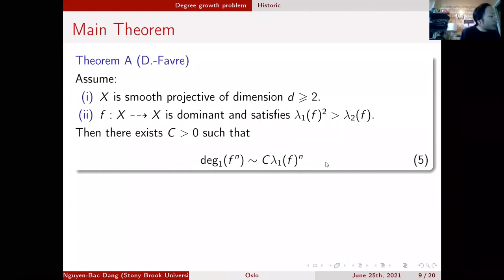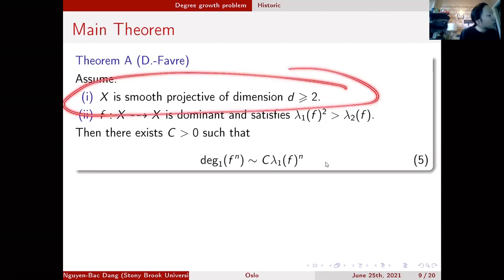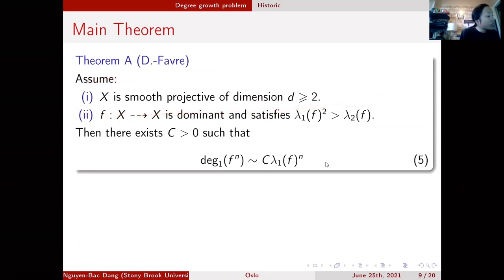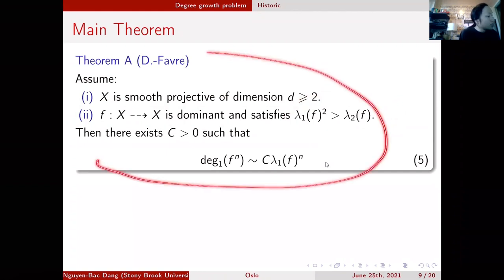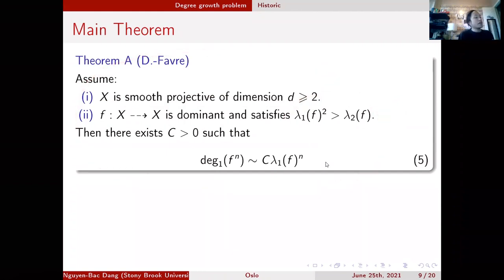It's a joint work with Charles Favre, and we assume that X is a smooth projective variety of dimension D bigger or equal to 2. You take a dominant rational map that satisfies the strict log concavity condition, so lambda 1 square strictly bigger than lambda 2. Then there exists a constant such that you have a purely exponential growth for the degree sequence.